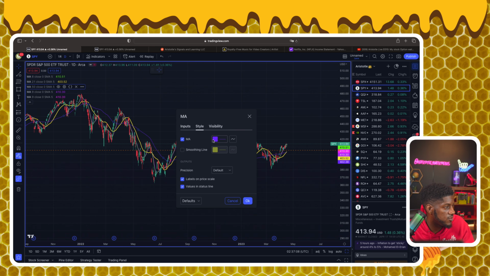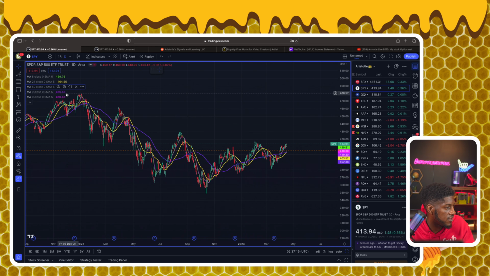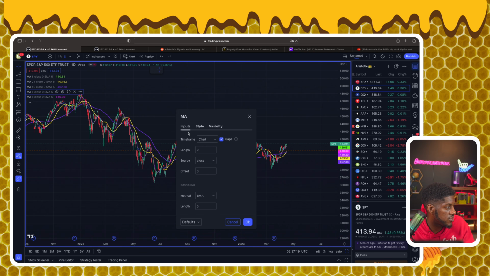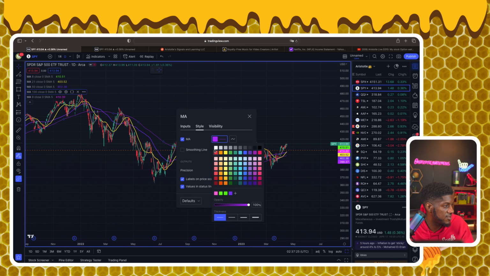The reason why I use these indicators is because these are the indicators that the market likes to move off of, all right? And then the next one is my 100. So you'll notice that the market likes to move off of these specific indicators. We can make that the third thickest line.